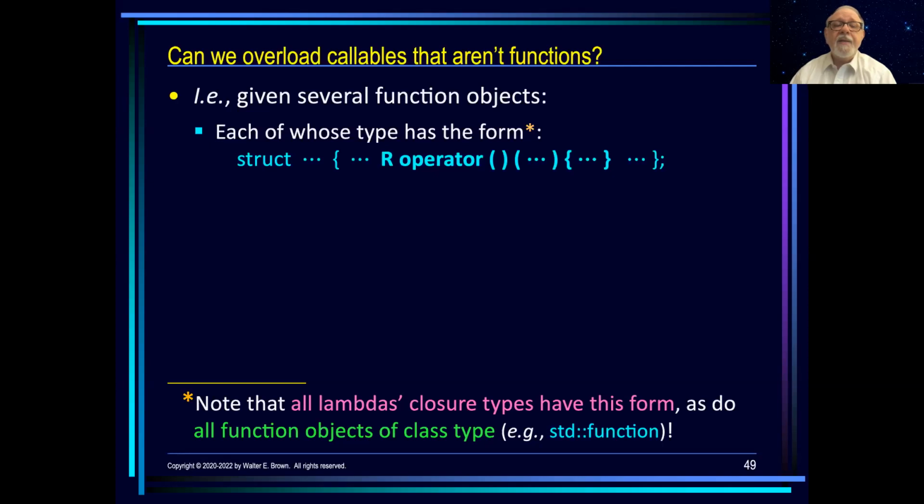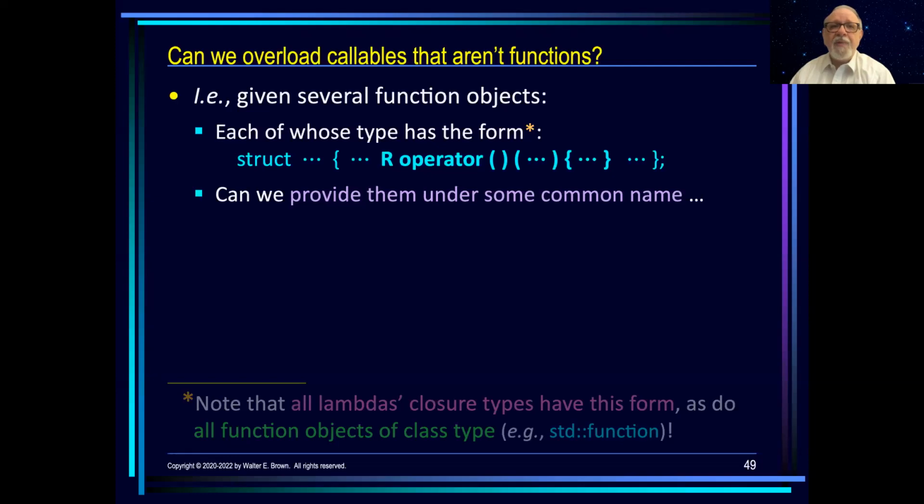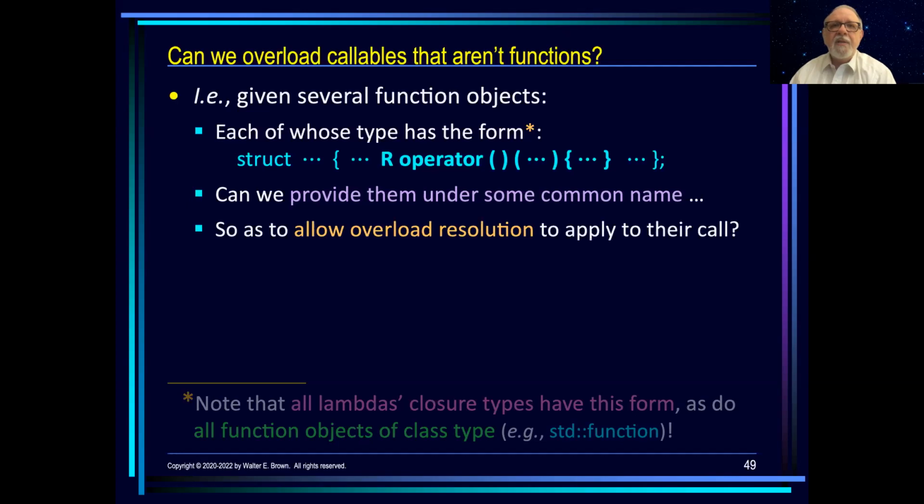Any class type that has a call operator as a member has this form. So the question is, can we provide them under some common name? Now we know we can't name all the structs the same. We're not allowed to overload type names. But can we nonetheless provide them under some common name so that overload resolution would apply to their call?